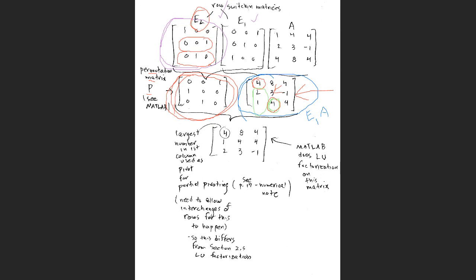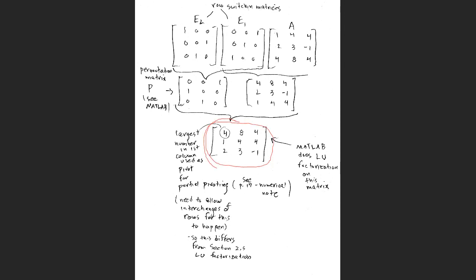It arranges the rows of the matrix A. So if you take the permutation matrix and multiply by E1 times A, then you're going to get this matrix right here.